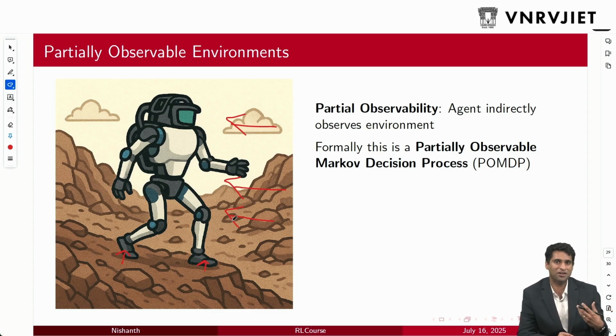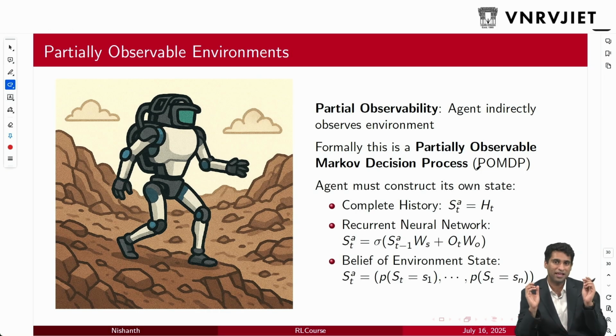So the agent may not have good enough sensors to accurately measure all the forces that are falling on the robot, and the agent can only have a partial observation. So whenever we have a partially observable environment, we define something called a partially observable Markov decision process. This idea of an MDP and a POMDP, we will be covering in the later videos of this course.